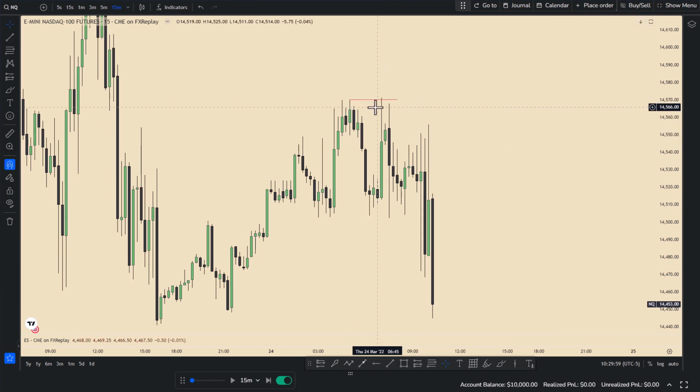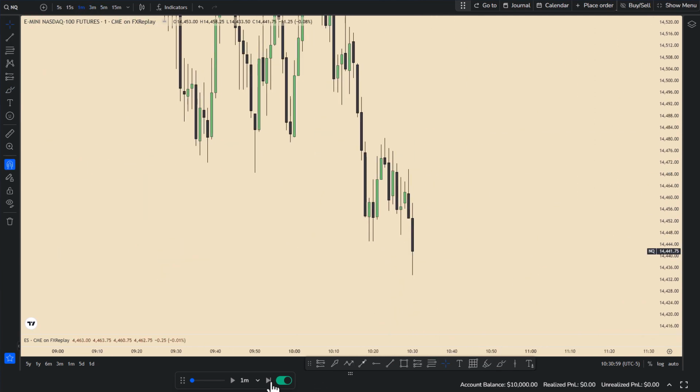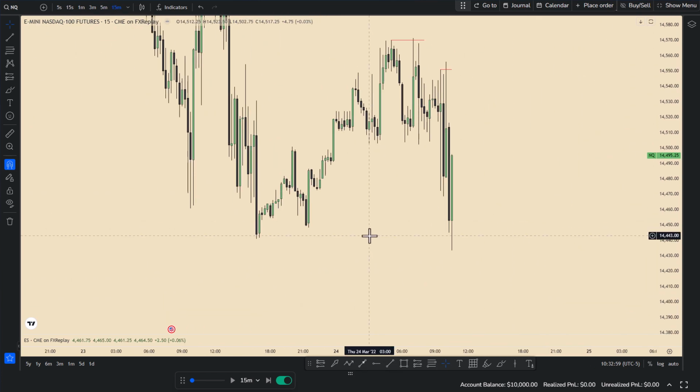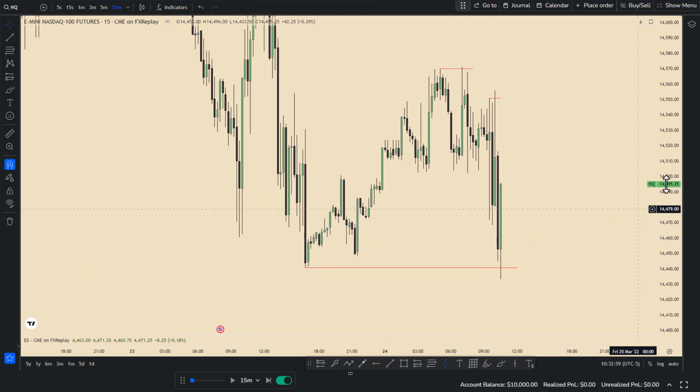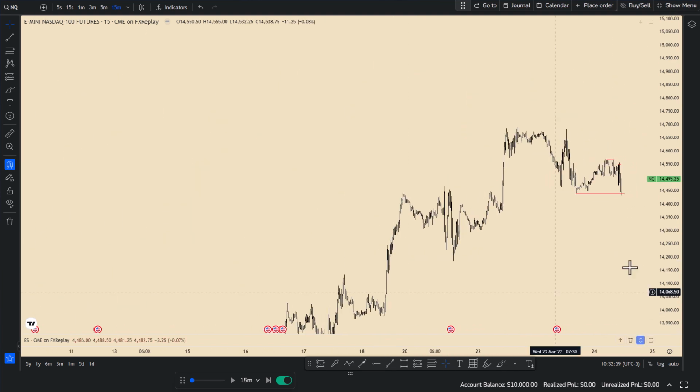Always identify the previous sweeps. So it looks like we met the target right here. We can now look for shorts. The shorts will be low probability. We have a sweep here. Overall, we are bullish, right?